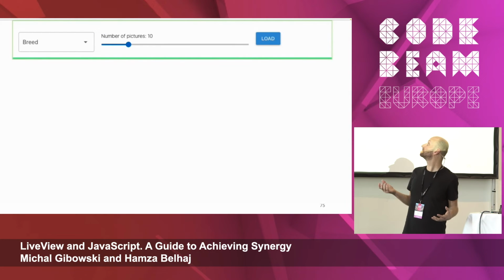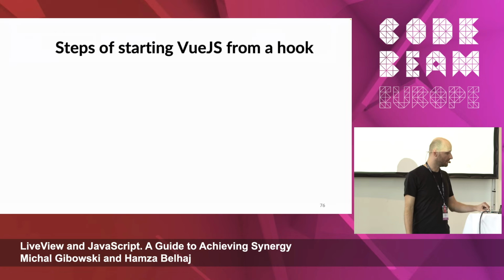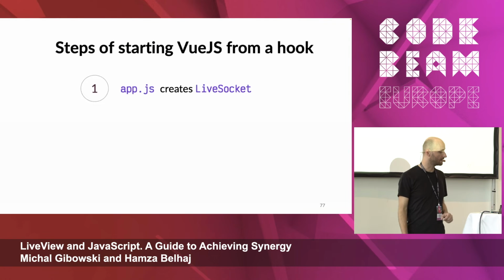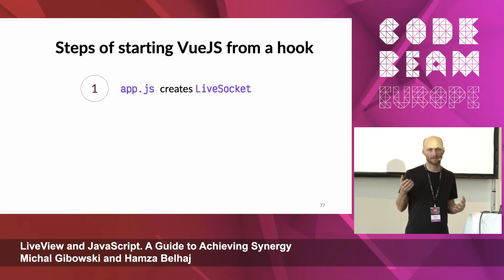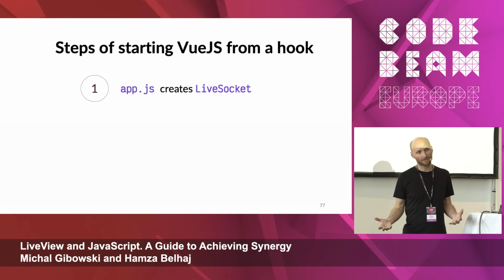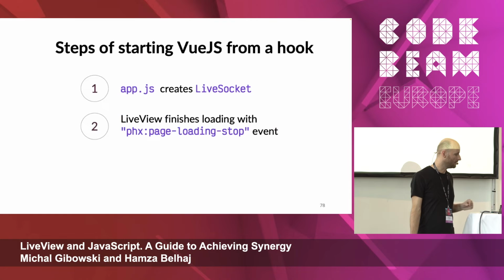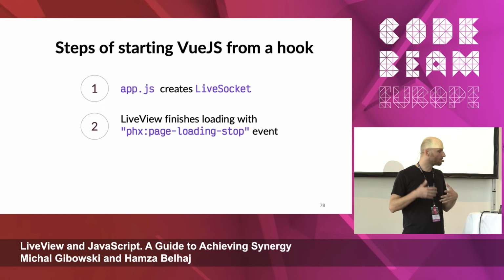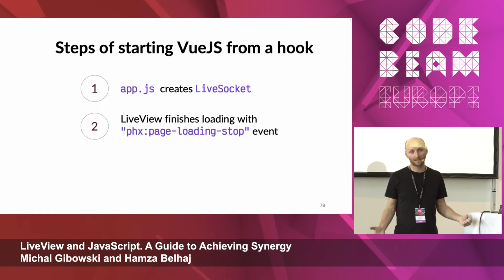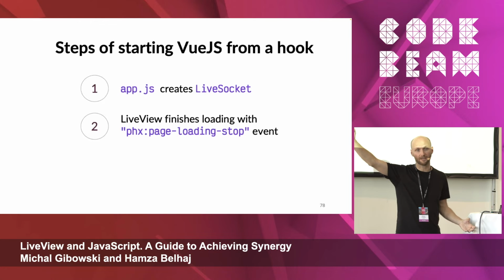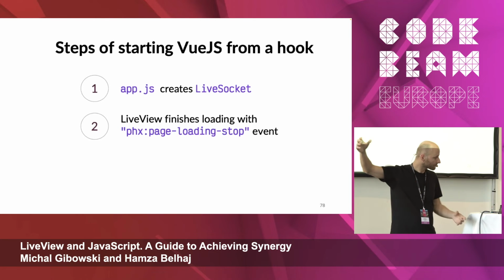Let's review what happens here. First, the main JavaScript file, app.js, creates the live socket, so the WebSocket configured for the LiveView communication. Then the LiveView communication needs to be established between the JavaScript part of the LiveView and the server side of the LiveView.